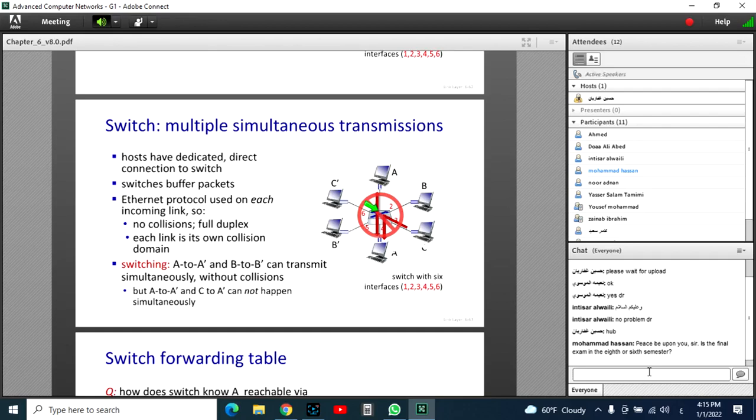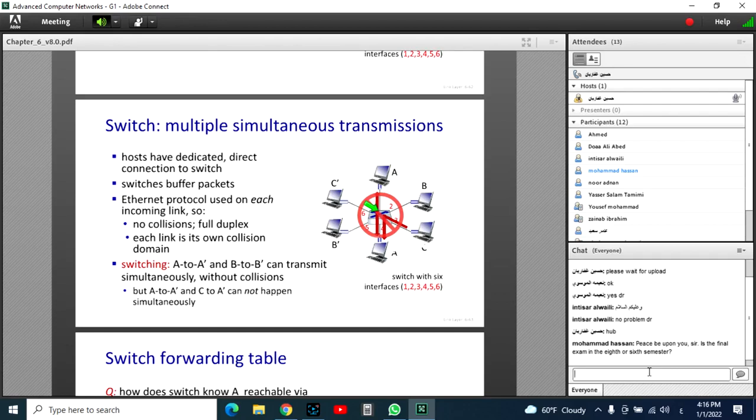If we put the received frames into a queue and, after a time, send those frames one by one toward the destination, we can send the traffic received from A and C toward C prime, but one by one.